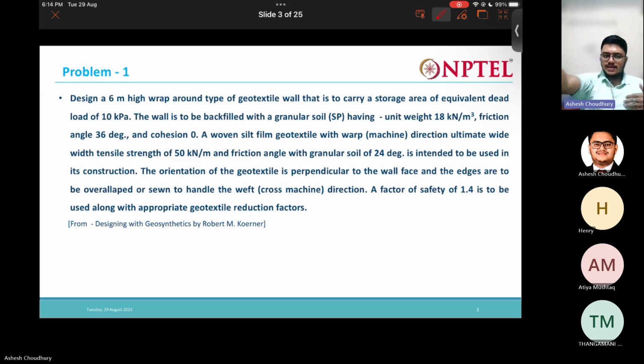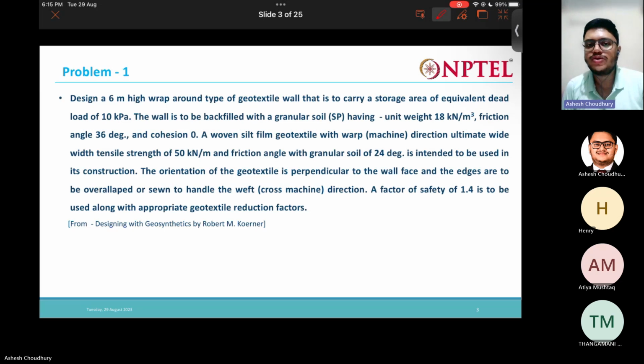The direction along which it is constructed is the warp direction. The other direction, the shorter dimension, that is the width, is the weft direction. Along the warp direction, a wide width tensile strength test was conducted, and it gave a tensile strength of 15 kilonewton per meter.